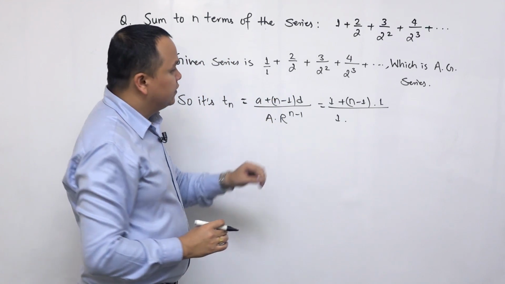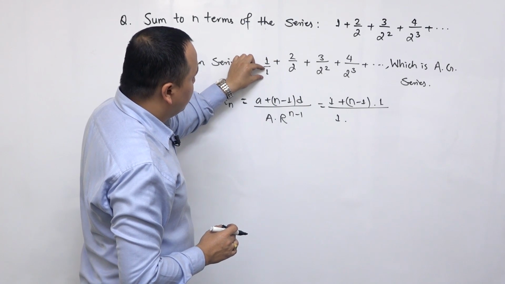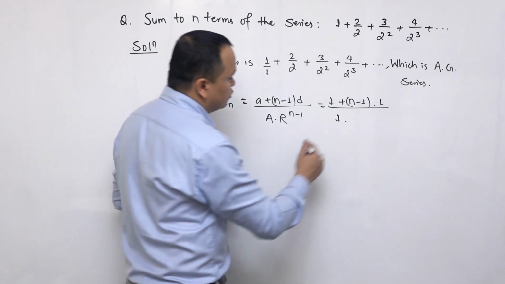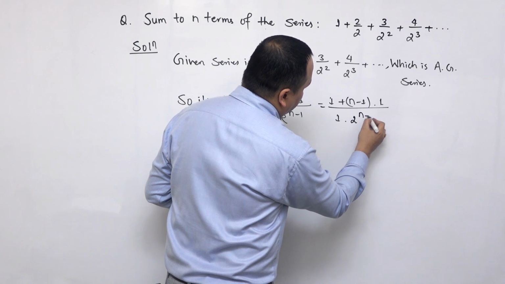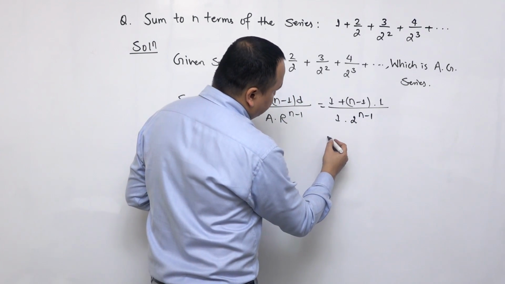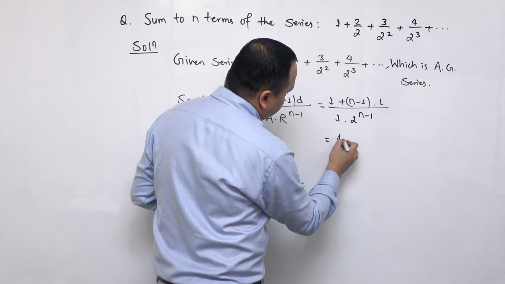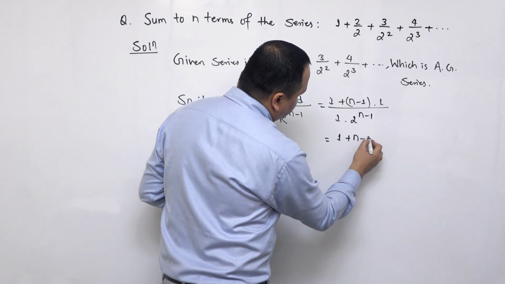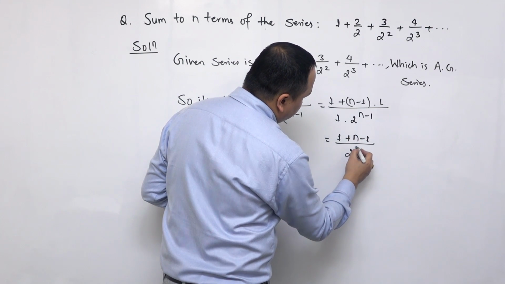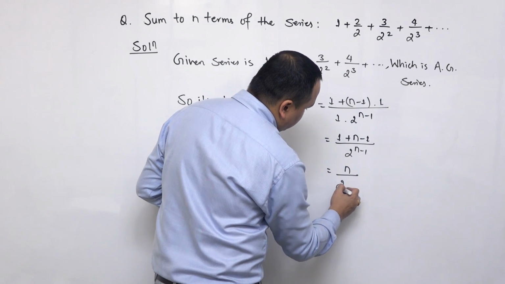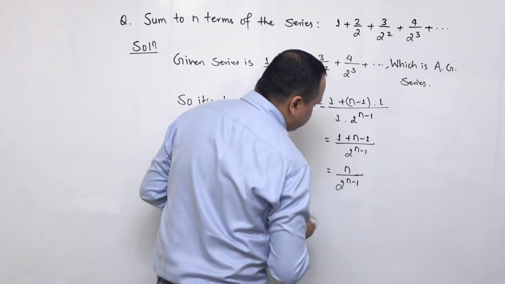In GP, 2 upon 1 or 2 square upon 2, just 2. So we get 2 to the power n minus 1. This is 1 plus n minus 1 divided by 2 to the power n minus 1, and this is just n upon 2 to the power n minus 1.